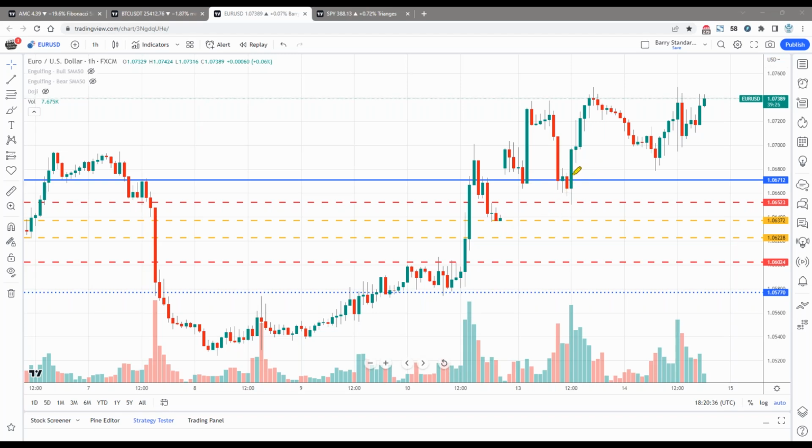I'm looking for things to develop like a doji developing right on my support level or my resistance level. Okay, I'm looking for engulfing candles or something at strategic levels, because what I'm trying to do is interpret what price is trying to tell me. I'm listening to that guy at the UN and I'm trying to understand exactly what point he's trying to make.